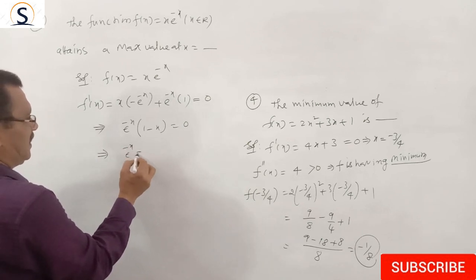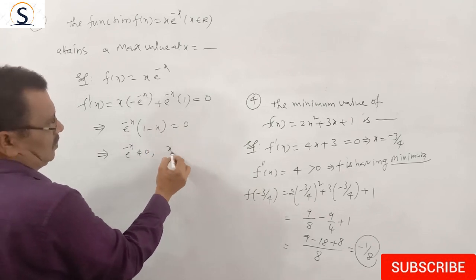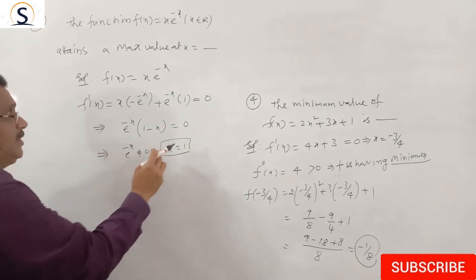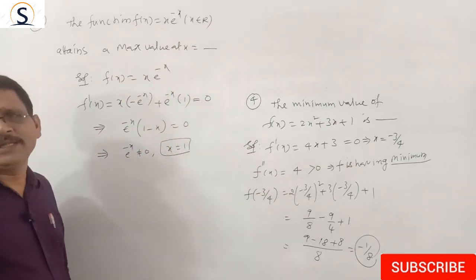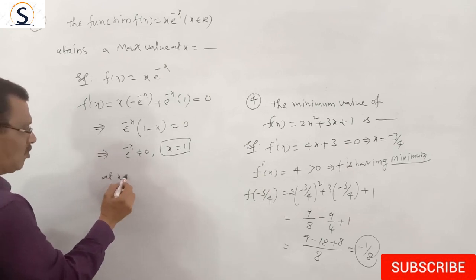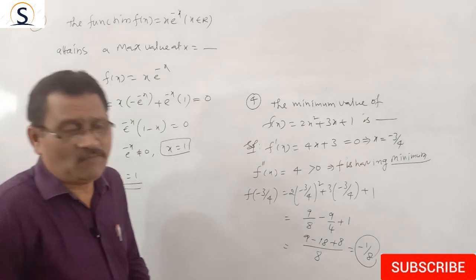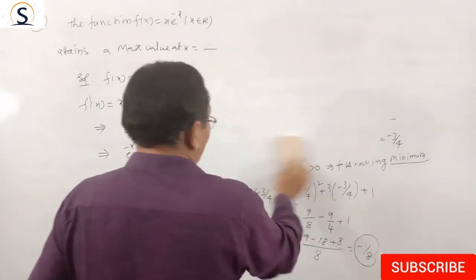Therefore, e power minus x is not equal to 0, so 1 minus x is equal to 0 implies x is equal to 1. So, at which point the function is having maximum means we got only one point. Therefore, at x is equal to 1. This is your answer. No need to find out the maxima value. Okay, only find out the x value.